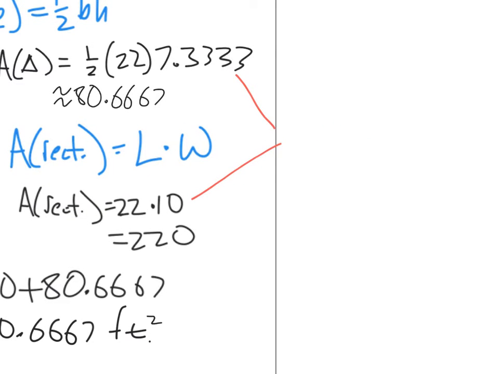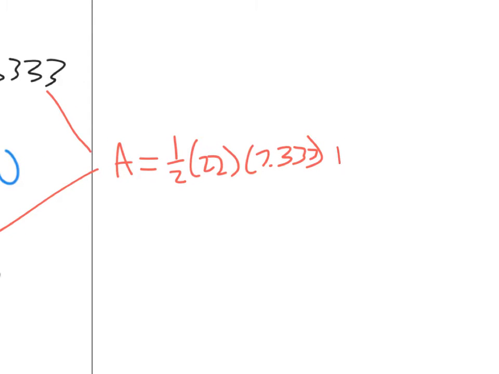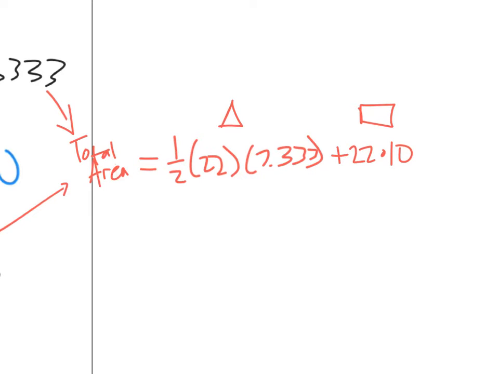So we have area equals the triangle, 1/2 times 22 times 7.333, plus the rectangle, plus 22 times 10. So that includes the triangle and the rectangle part. So this area formula is the total area. So we have one formula for the total area.